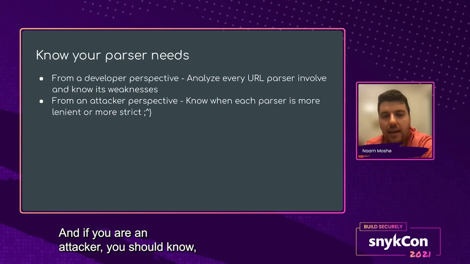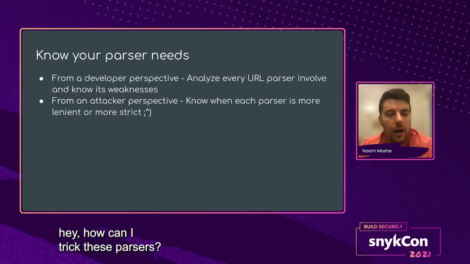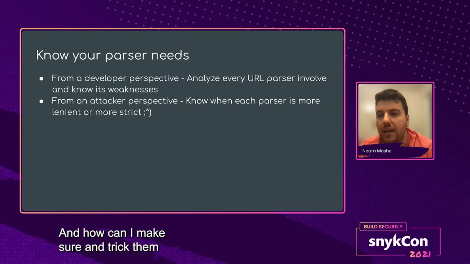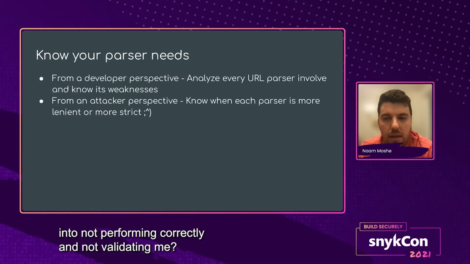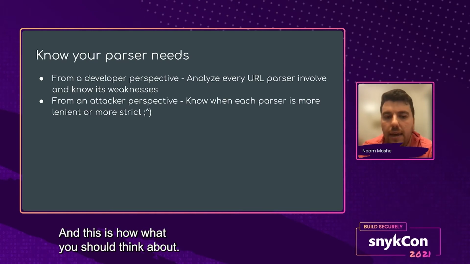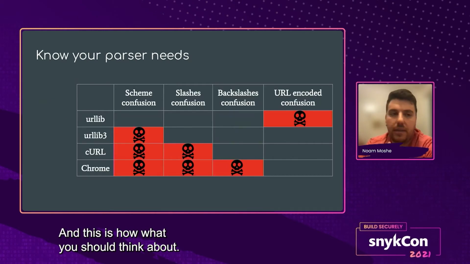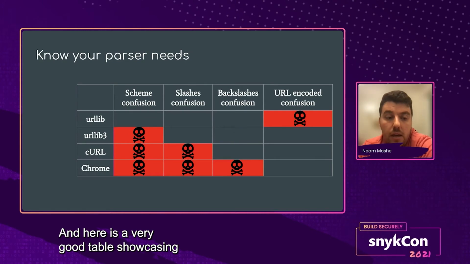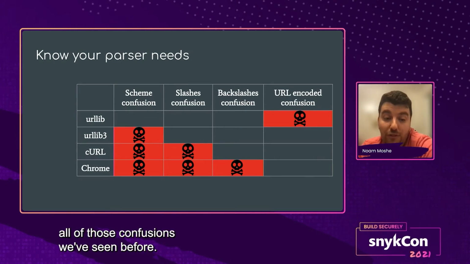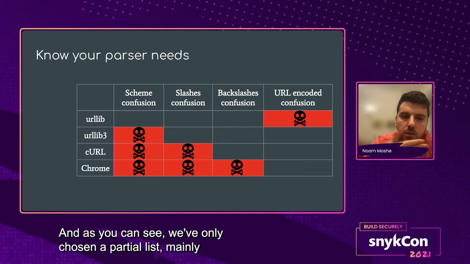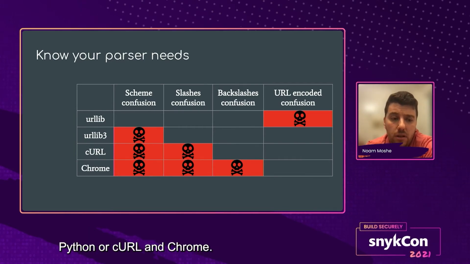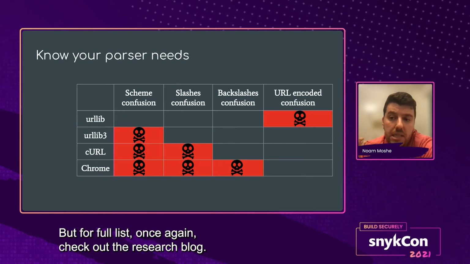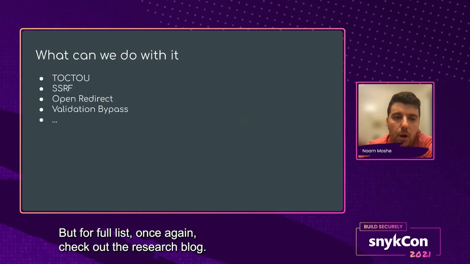And if you are an attacker, you should think: how can I trick these parsers into not performing correctly, not validating me? Here is a very good table showcasing all of those confusions we've seen before. As you can see, we've only chosen a partial list, mainly Python, curl and Chrome.